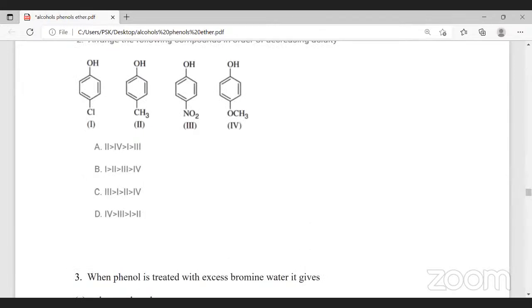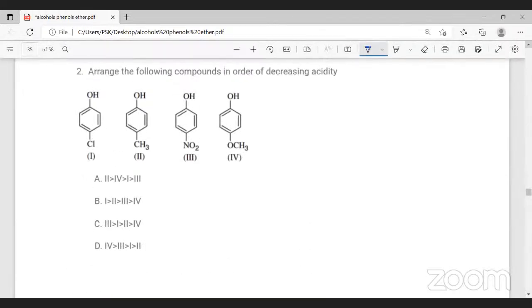Arrange the following compounds in the order of decreasing acidity, that means strongest to the weakest acidity. So we know that this is an electron donating group, and this is an electron donating group. Nitro is the stronger electron withdrawing group, so this third one will be the strongest.